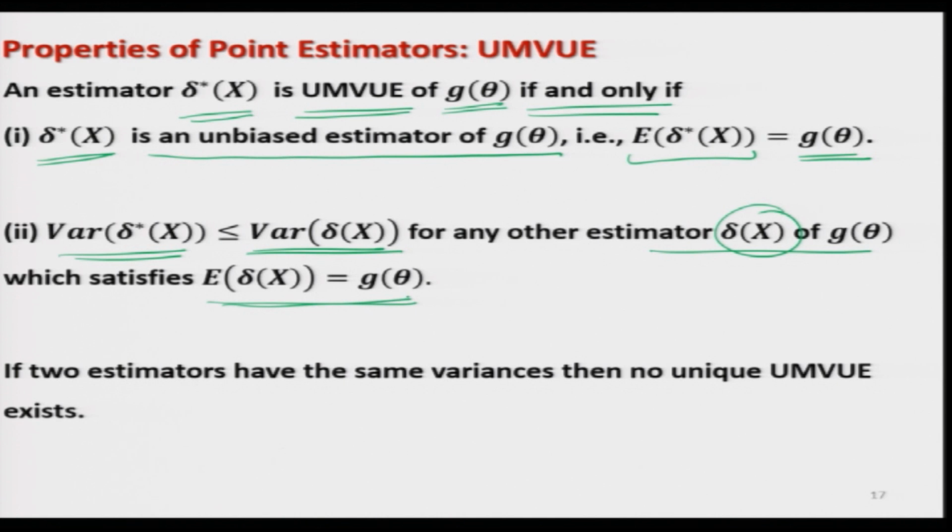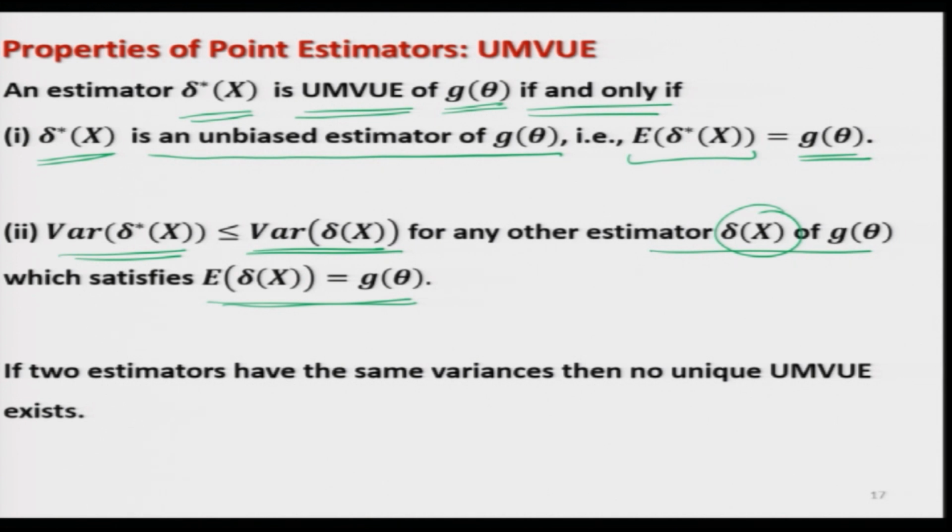So, what are we trying to do here? We are trying to simply choose the estimator from a class of estimators in which all the estimators are unbiased estimators of the given parameter, and then we are trying to find out their variances, and find out which estimator has got the minimum variance.